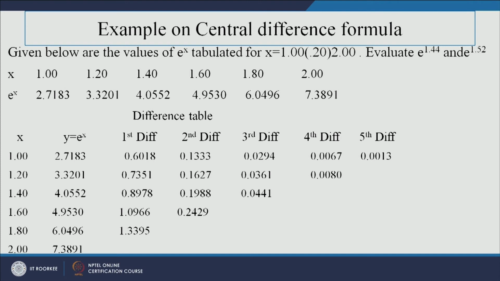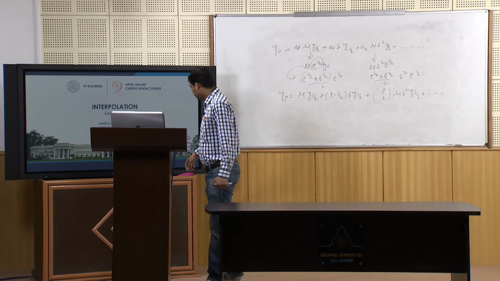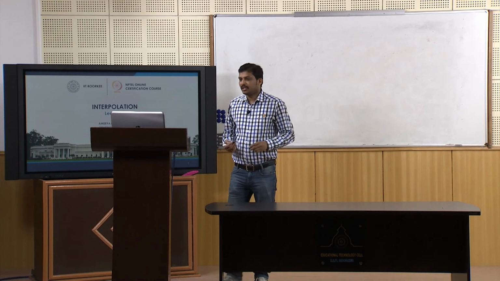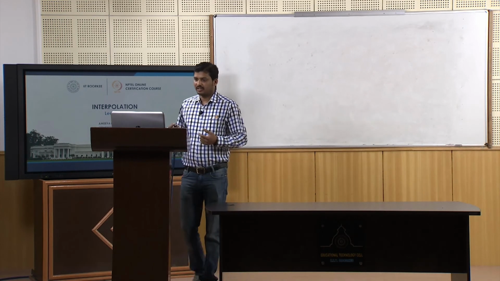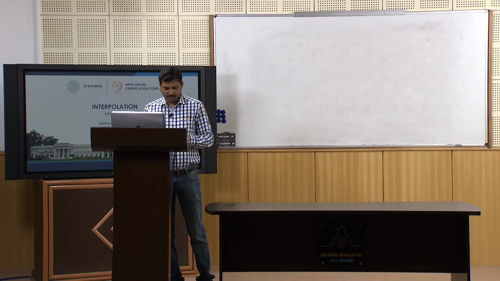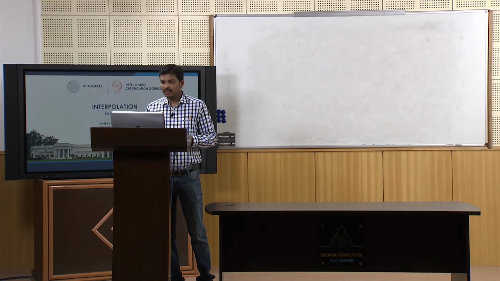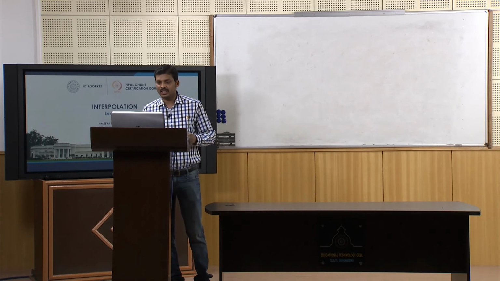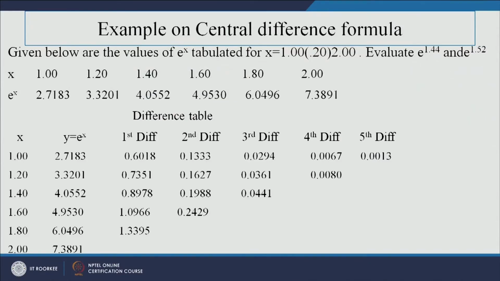To evaluate this value at 1.44, we have to consider the value along the center of the table, since the tabular values are expressed like this. If we want to discuss central difference approximations, we have to consider the value along the center of the table only.